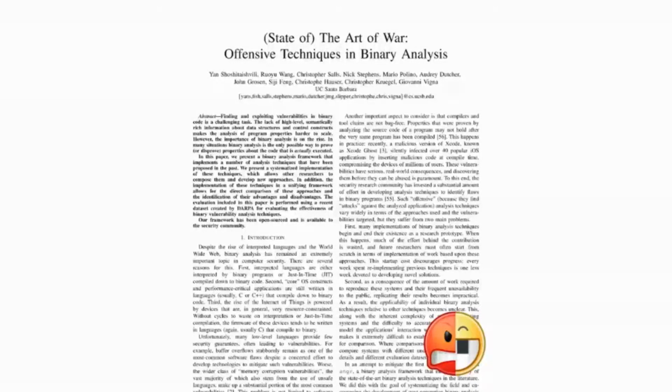Angr is a binary analysis system which is used actually for many things, such as security vulnerability analysis. You throw a PowerPC or ARM or MIPS binary at it, and it automatically finds buffer overflow exploits. That's one thing you can use it for.